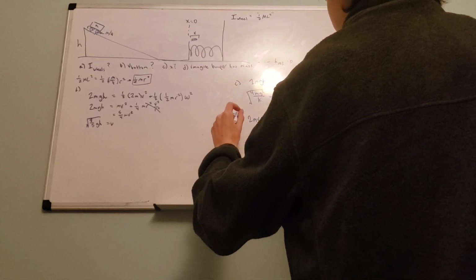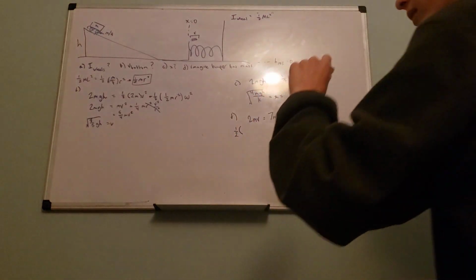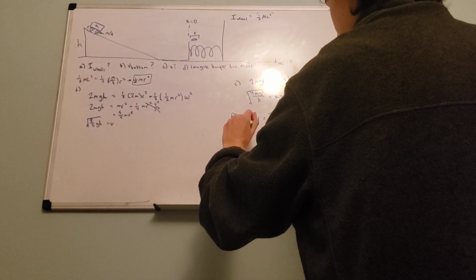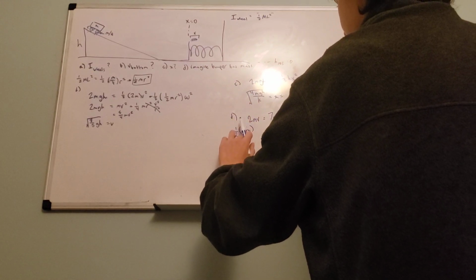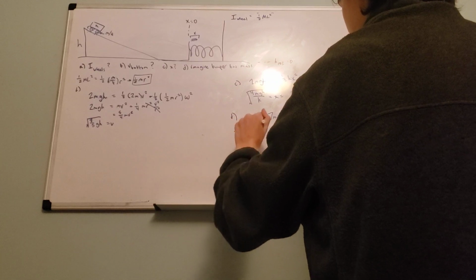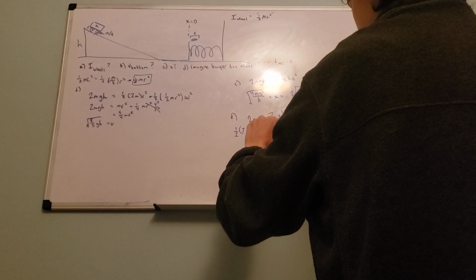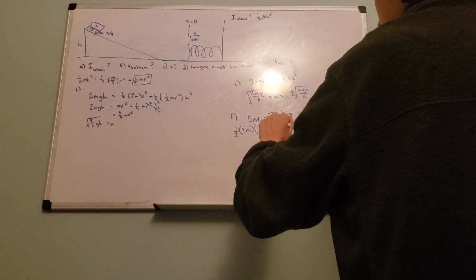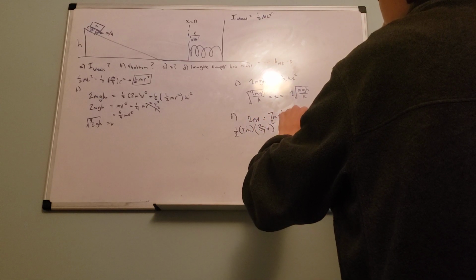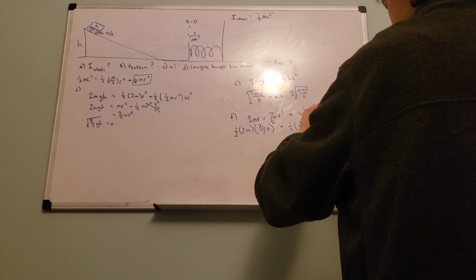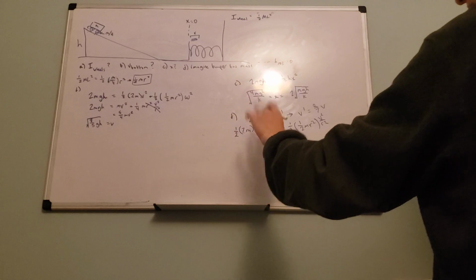So we've got 1/2, and now our total mass is 7m, and then v squared. And then we've still got this 1/2 I omega squared. And we can just plug this in.